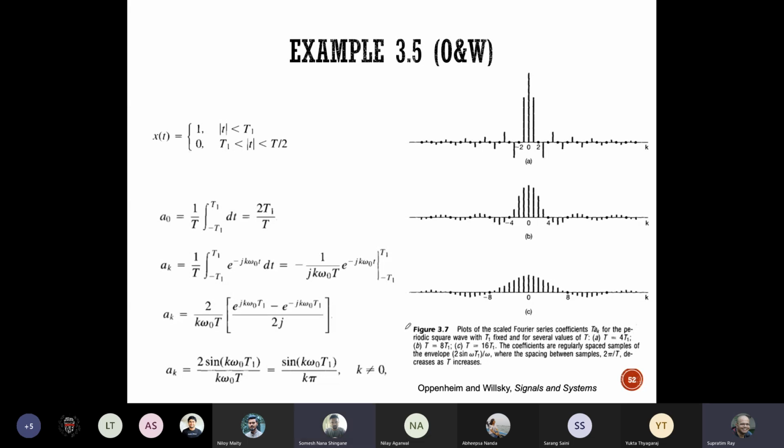Then I'll move forward. So in the last equation, there has been a rearrangement, right? So this rearrangement where instead of omega naught you write 2 pi by T, that will keep happening.